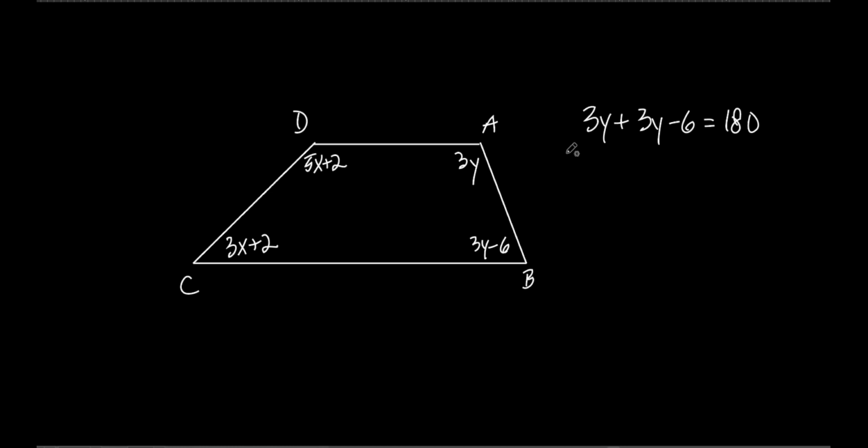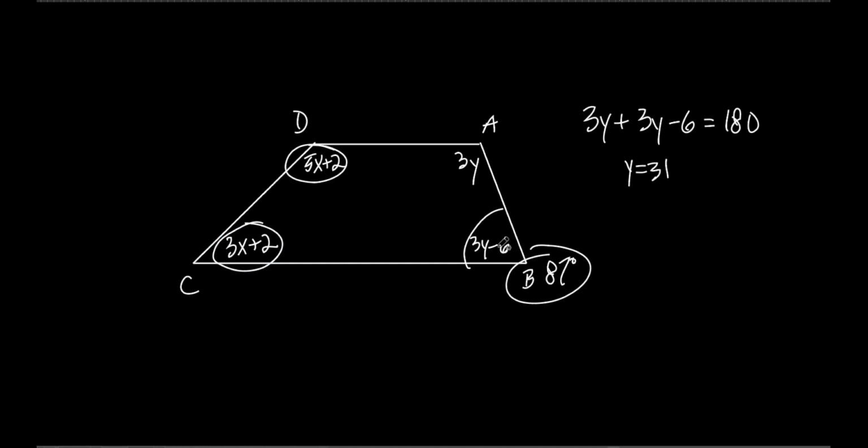So you got to solve for y first. When you solve for y, you get 31. When you get y by itself, but you want to find angle B, so what do you do? Put that 31 in for the y here. 3 times 31 minus 6, and angle B would be 87 degrees. All right, so that's angle B. Then you had to do x, do the same exact thing. You add those up.